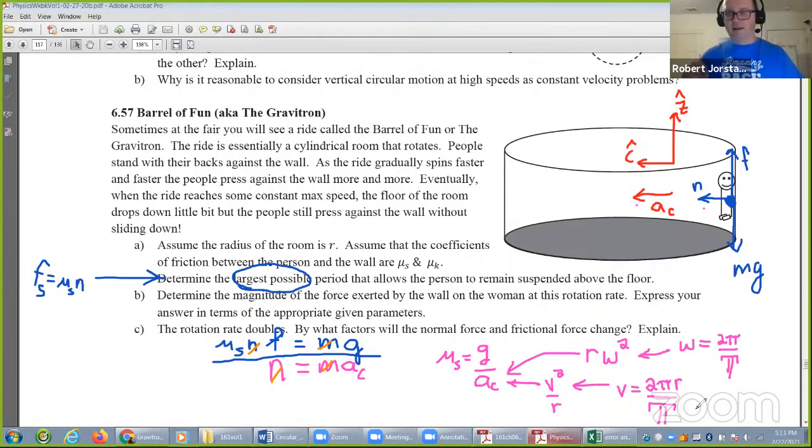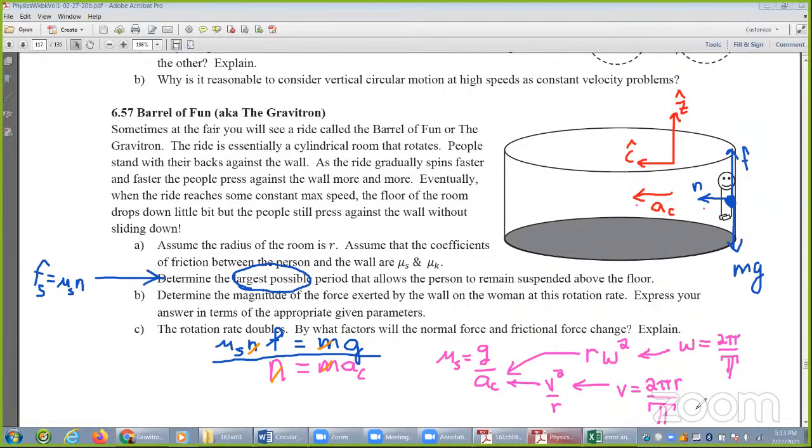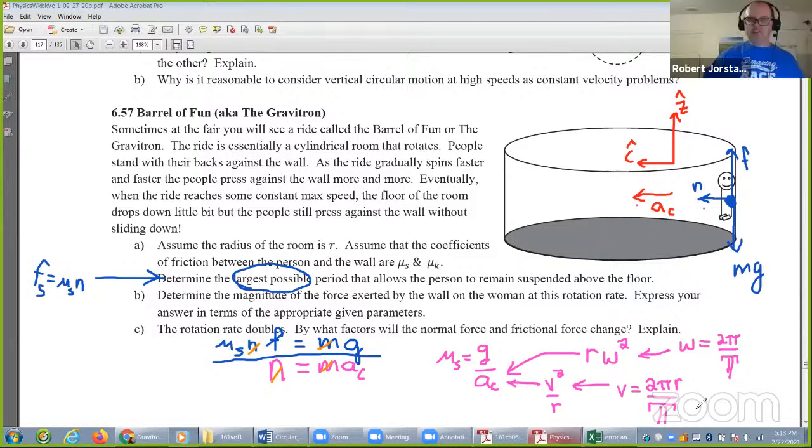All right. Let me ask you this. Does the mass matter? No. We see that the mass doesn't matter. So this should work the same whether we use a full-grown woman or a little child or Andre the Giant, if he was a reanimated corpse, came out of a zombie grave and started to play in this area.